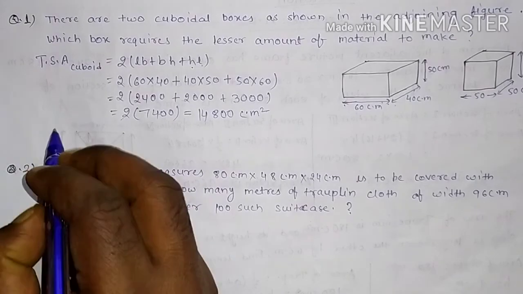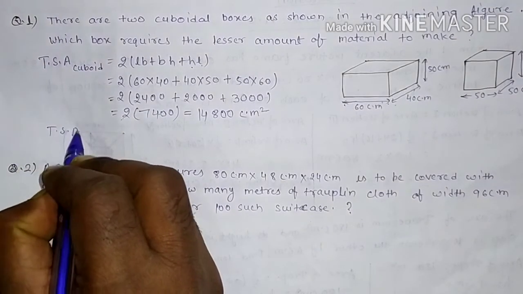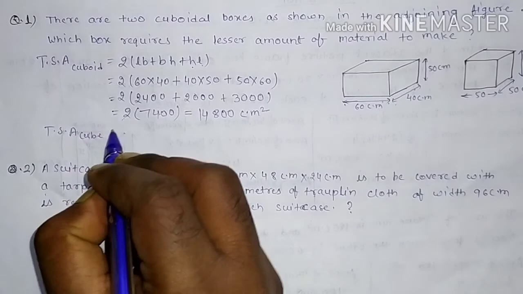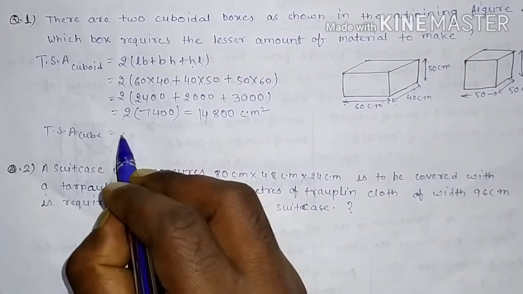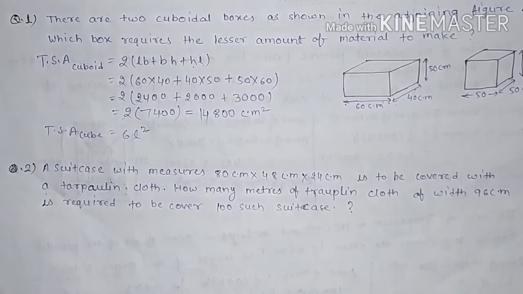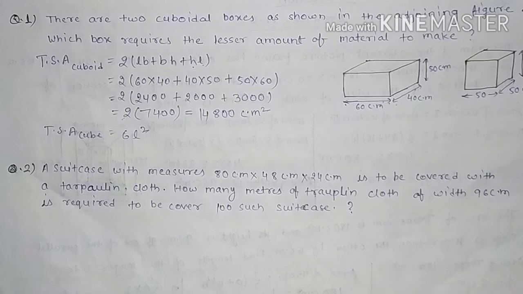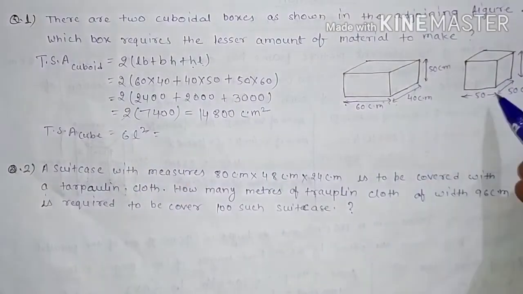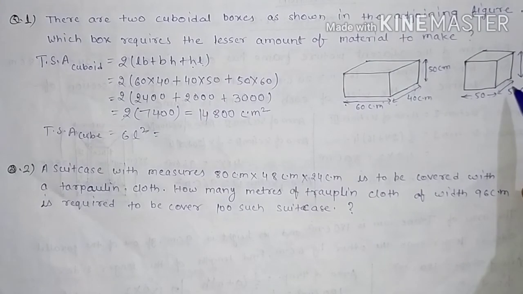Now the total surface area of the cube. The formula is 6L square. You know that the total surface area of a cube is 6L square, where L is the side of the cube. The side of the cube is given as 50 centimeter, and all sides are equal.